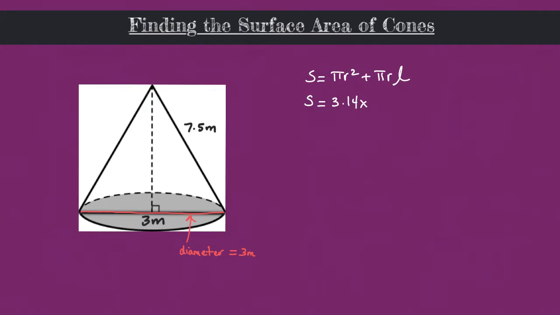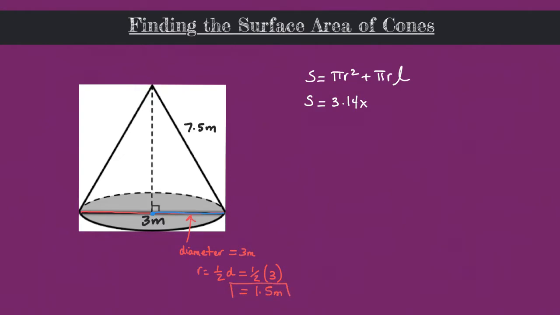Recall that the radius is half the diameter, the distance from the center to any point on our circumference. So the radius is half of 3, because 3 is the length of our diameter, and that's going to be 1.5 meters.